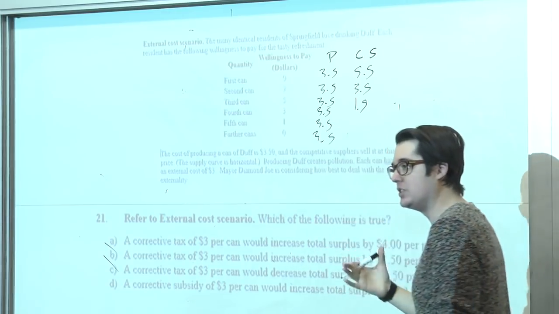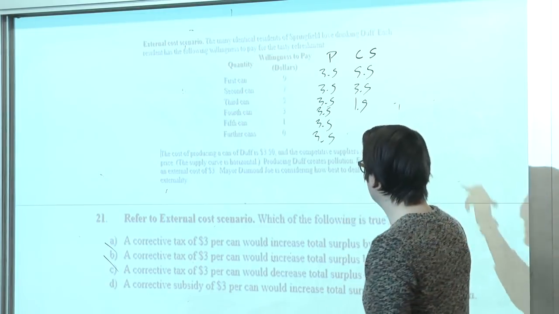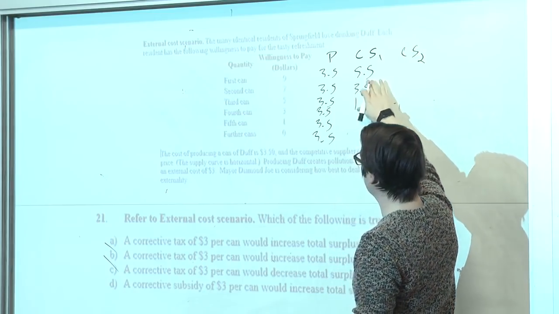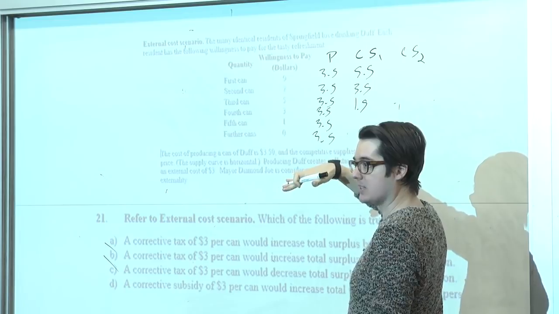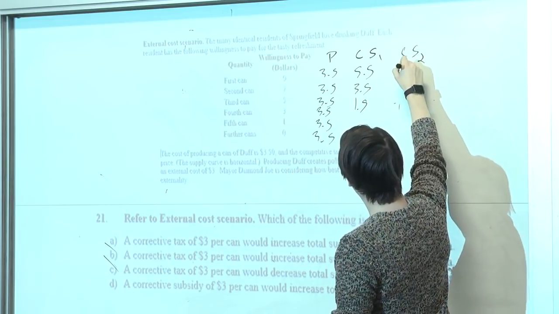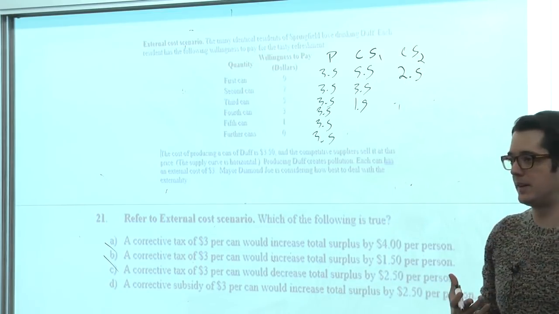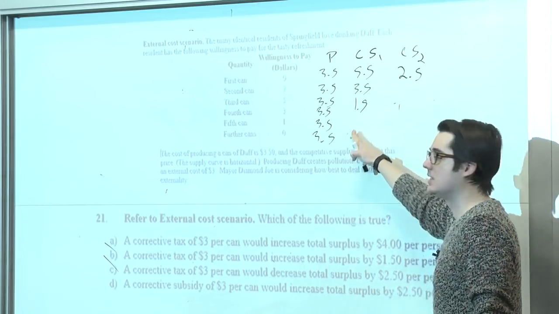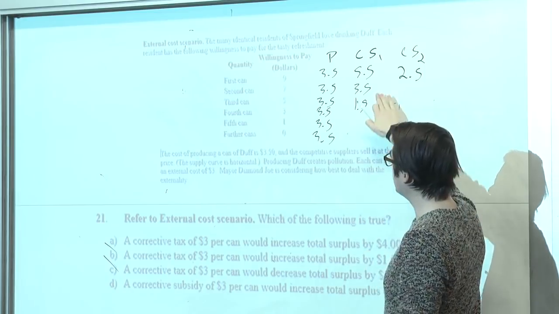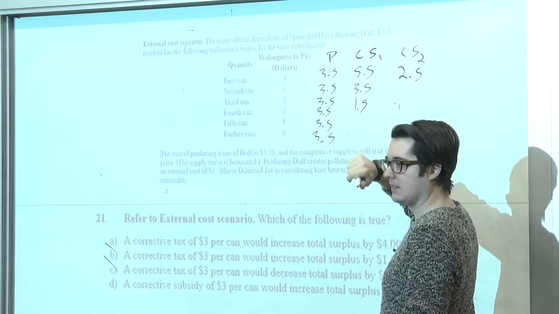Okay, but we know that if we do that, it bears a $3 external cost. So the true consumer surplus is going to be this minus the external cost. So 5.5 minus the external cost of $3 gives us a consumer surplus of 2.5. Right, so this is the private valuation. This is society's valuation here. All right, what is society's consumer surplus for the second can?